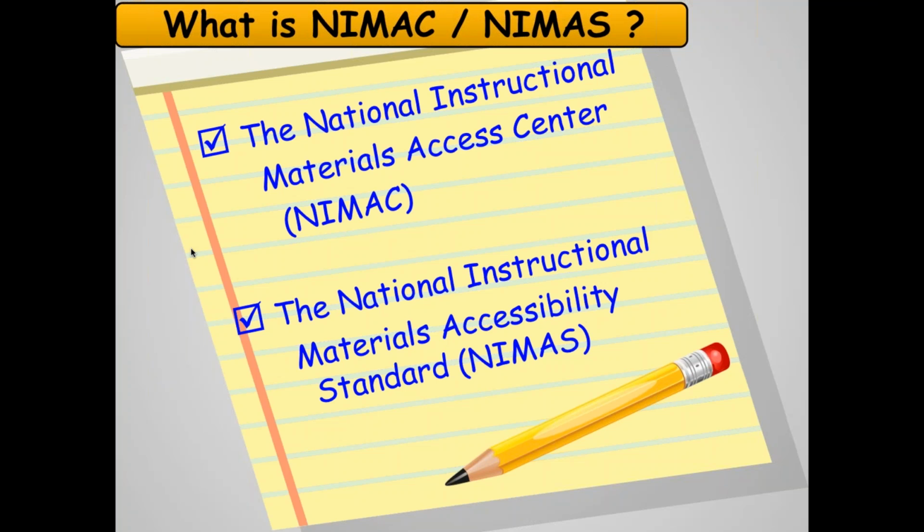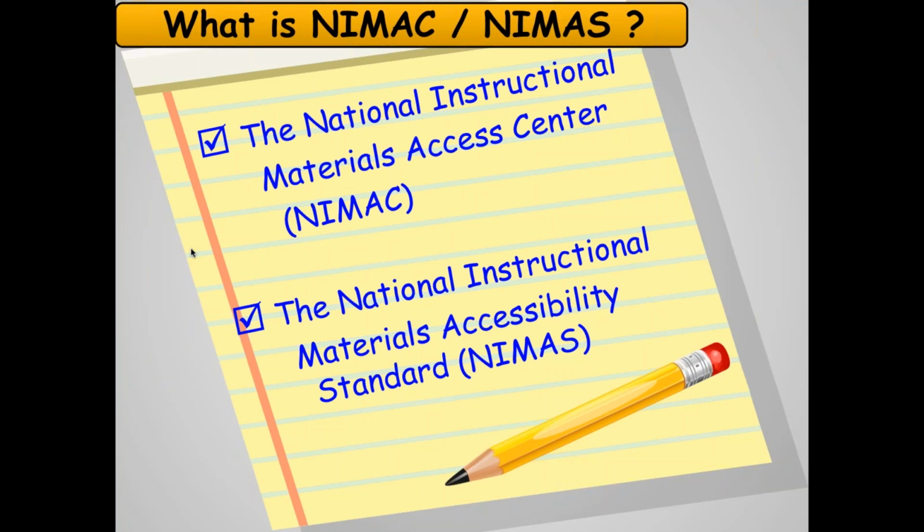So let's see, how does the center work? The center receives the NIMAS electronic file sets from publishers, catalogs these files and makes them available for download. These electronic file sets are then converted into student-ready specialized formats such as digital text, large print, audio, or braille.